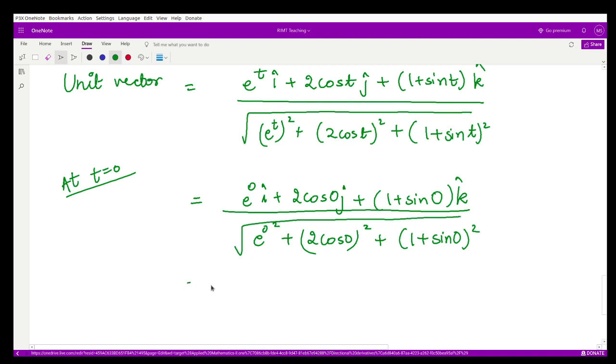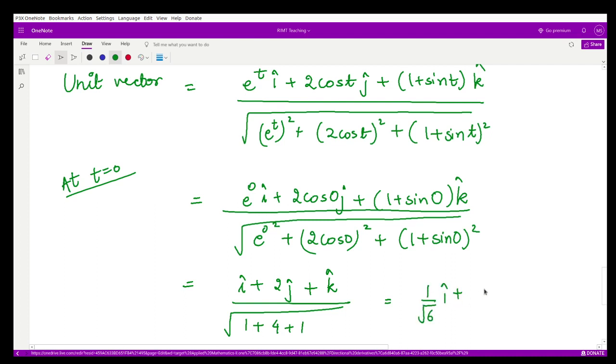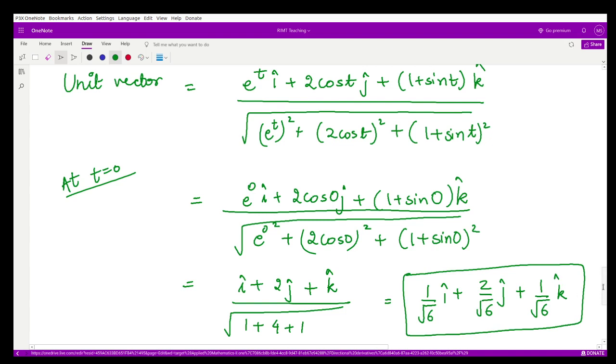So this becomes equal to i cap plus 2 j cap and then plus 1 k cap, divided by square root of 1 square, that is 1, plus 2 into 1, that is 2, 2 square is 4, and then 1 square is 1. So this is equal to 1 by square root 6 i cap plus 2 by square root 6 j cap plus 1 by square root 6 k cap. So this is our vector that we are interested to obtain. This is the given direction of the tangent.